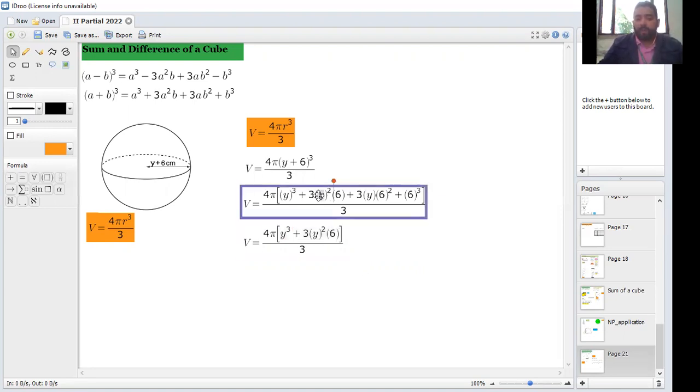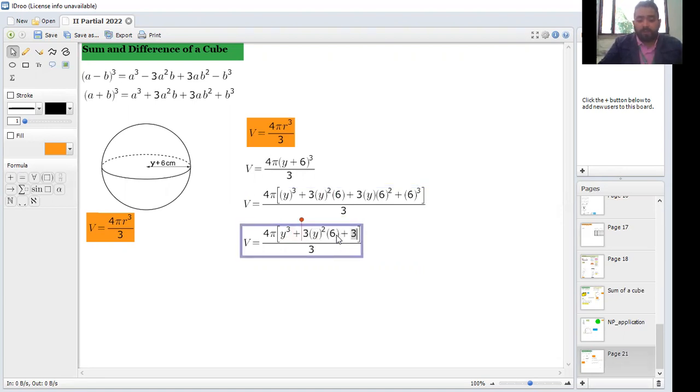But in this case, we don't have coefficients, so it's only y to the second, times 6, plus 3 multiplied by y, and 6 to the second, it's 36. Plus 6 to the third power, you are going to multiply 6 by 6 by 6. And the answer of multiplying 6 by 6 by 6 is 216.